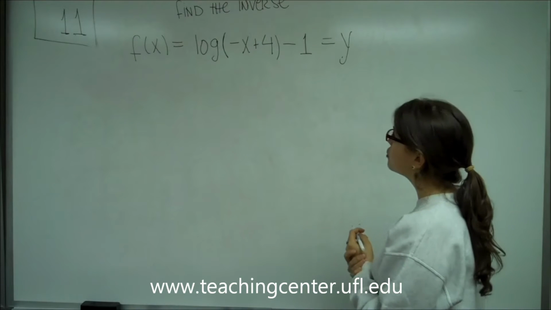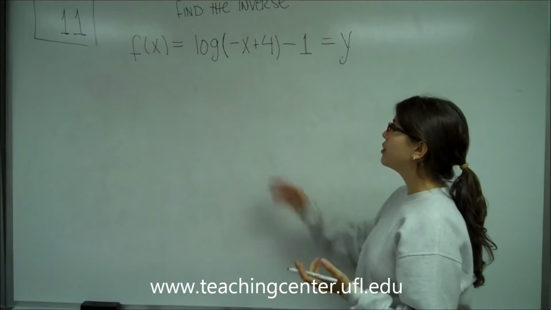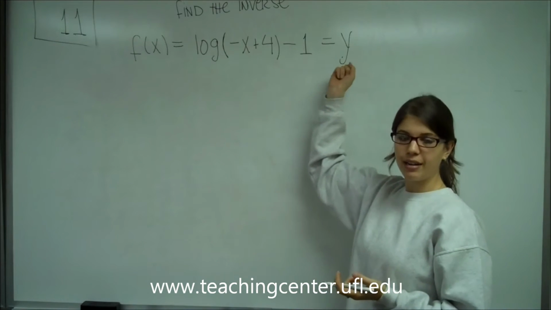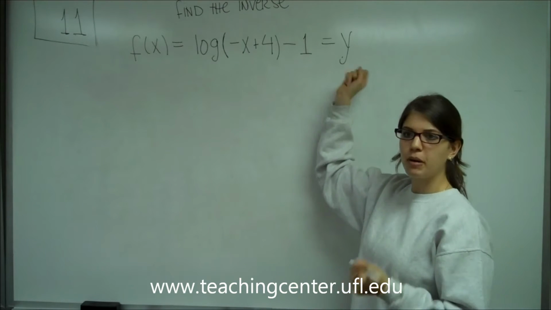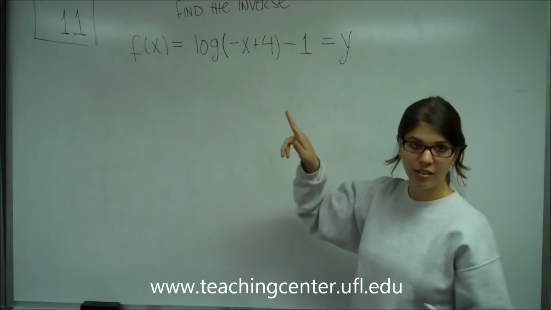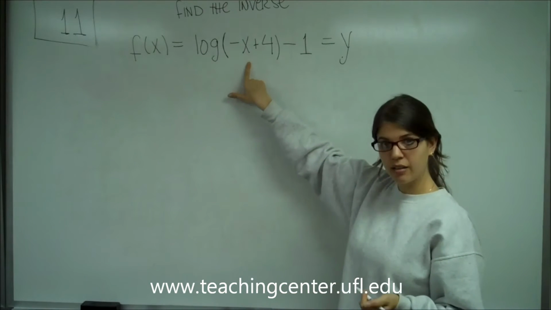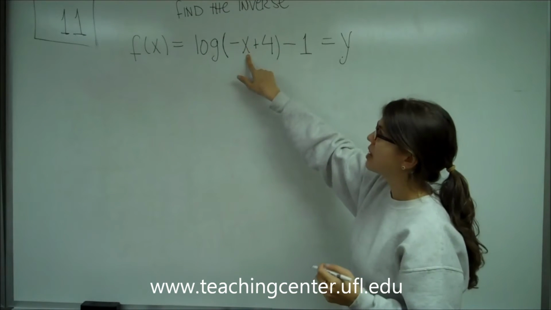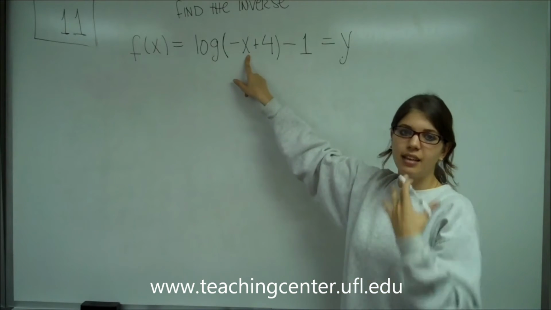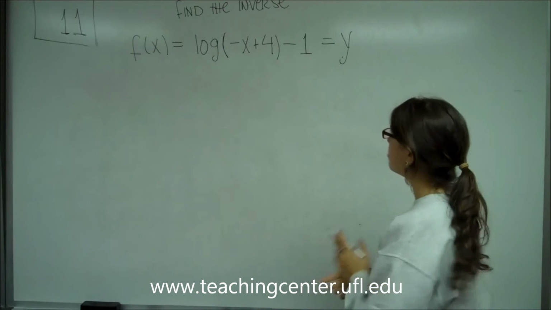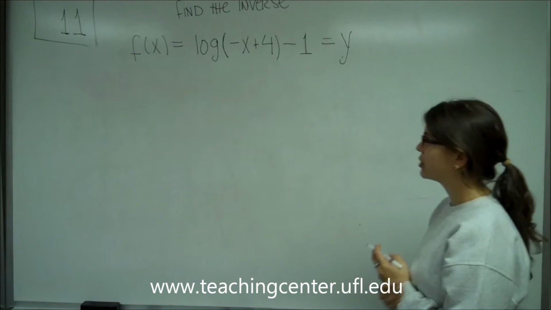So what I want to do here is either flip my x and my y right now and solve for my new y. So if I put y here and x here, I want to solve for my new y. Or I could solve for this x first and then at the end flip them. Same thing. So I'm going to go ahead and solve for the x first.